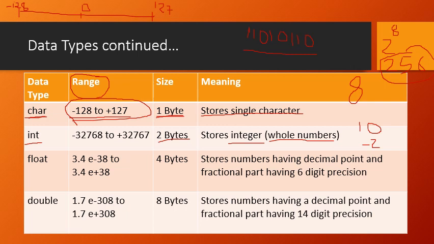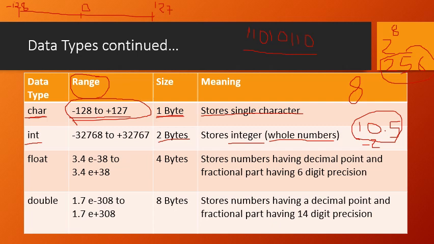Now, what if the number is not a whole number, and it also contains a fractional part? For example, 10.5. Here we have a fractional number, 10.5. In that we have a whole part and we also have a fractional part, and we want to store the entire value 10.5.